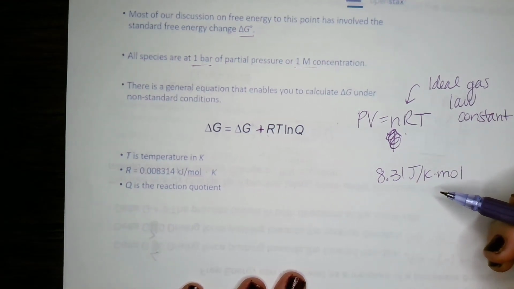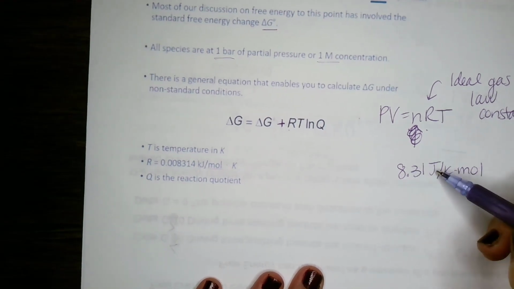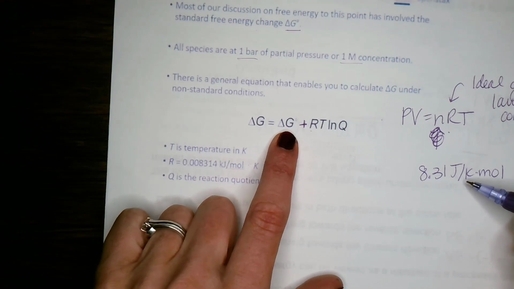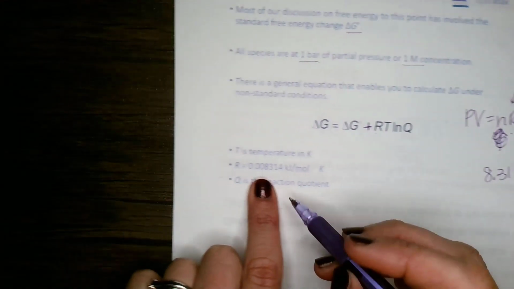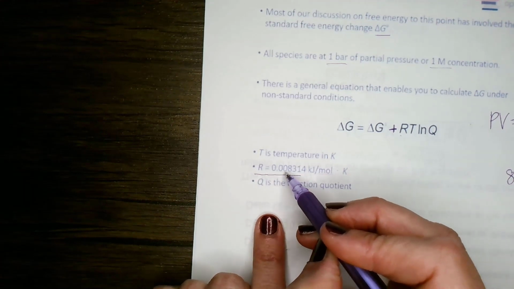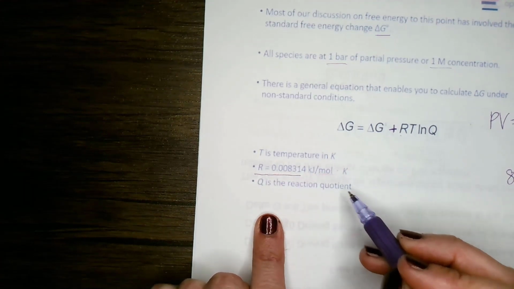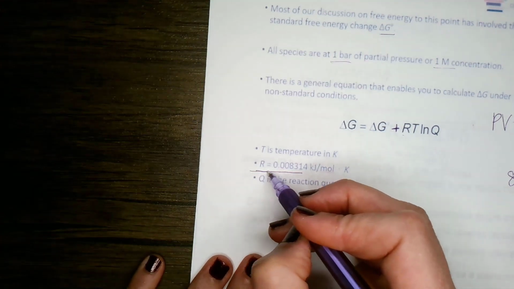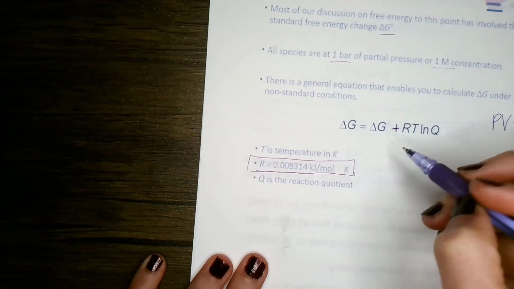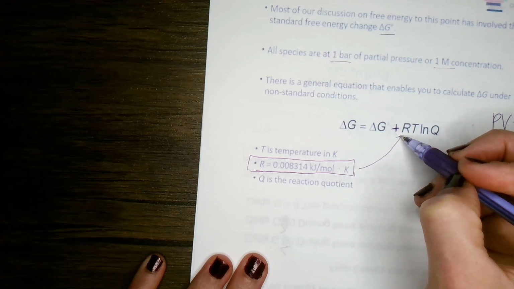But since we have been using kilojoules for all of our delta G equations, we're going to move this back 3 spots. So this is where the 0.008314 comes from. It's our ideal gas law constant plugging into R.